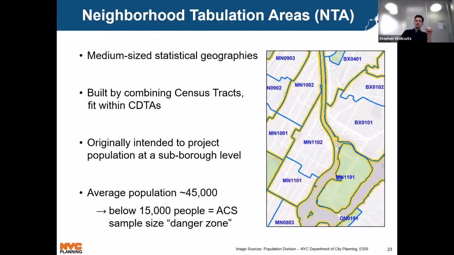The reason for that is we were thinking about the American Community Survey and the sample size, and concerned about the sample size not being large enough if we were to create an NTA that dipped below 15,000 people. We see that as a bit of a danger zone. And so one thing you'll see is that whenever there are neighborhoods that are a little bit on the smaller side, we will group them together to try and cross that 15,000 person threshold. It's a little bit more common in some boroughs like Staten Island, which has smaller neighborhoods than others.